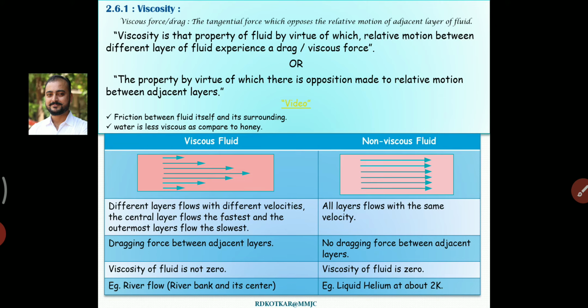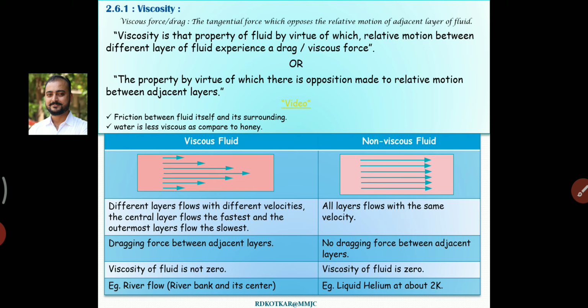Different layers of fluid flow with different velocities. The central layer flows the fastest and the outermost layers flow the slowest. As I told you, in the case of a pipe, the layers closer to the pipe move with smaller velocity, but the central layer moves fast. In non-viscous fluid, all the layers flow with the same velocity.